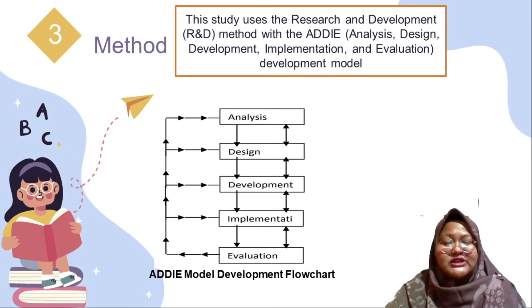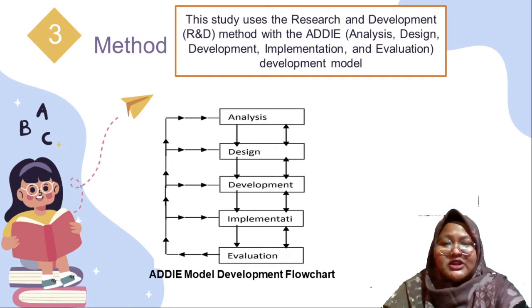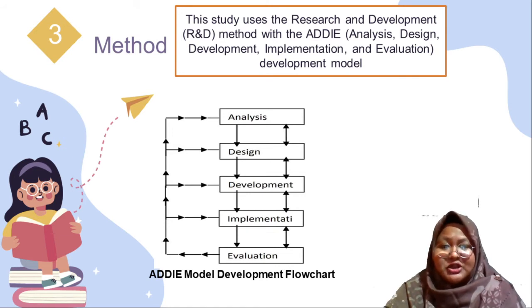Before proceeding to the implementation stage, the instructional animation video media was tested and validated by experienced experts, like a media expert and a material expert. After the product is validated, the weaknesses and deficiencies of the product will be identified. These weaknesses were later corrected. The improved development output is then applied to students at the implementation stage.